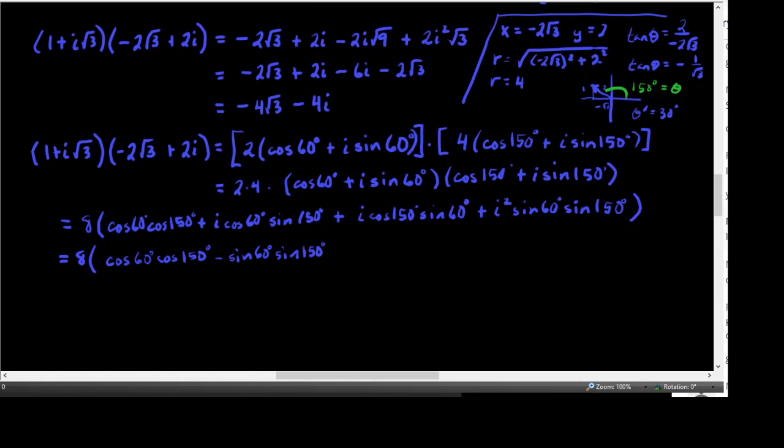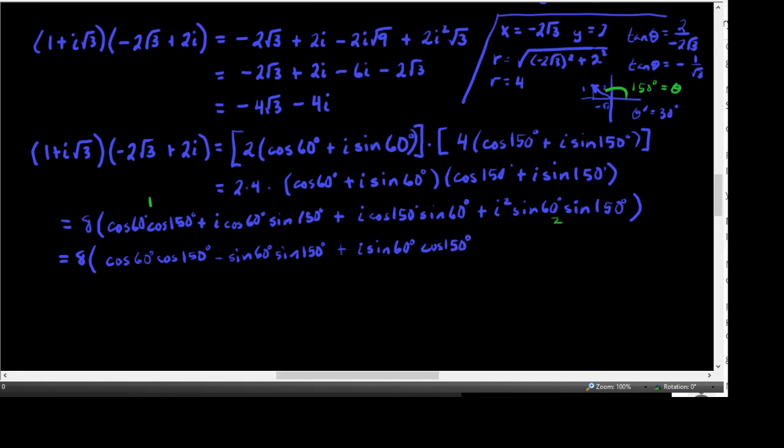Okay, so this one was first. This one was second. Then the next one I want to write is I sine of 60 degrees times the cosine of 150 degrees.